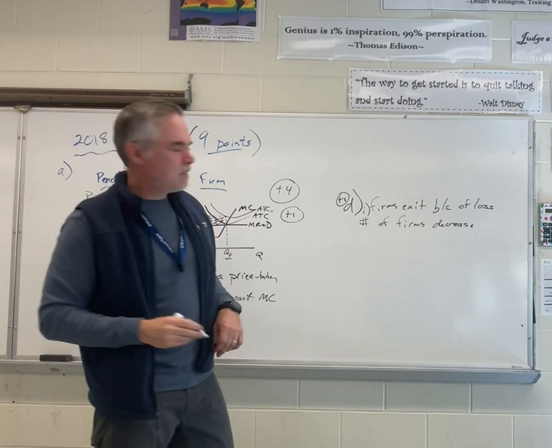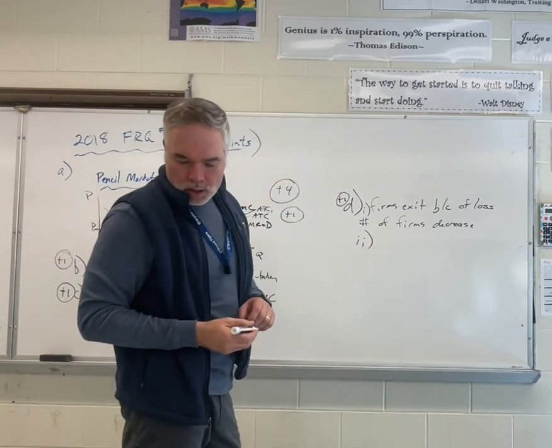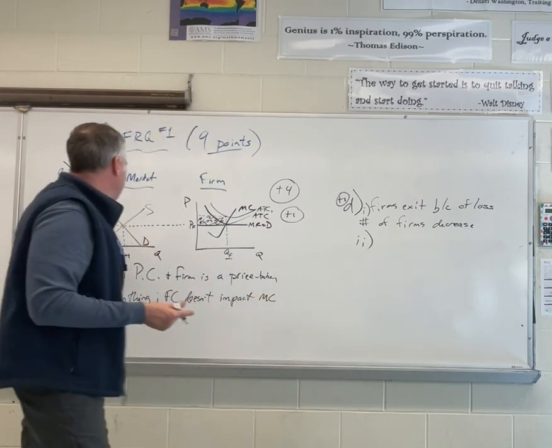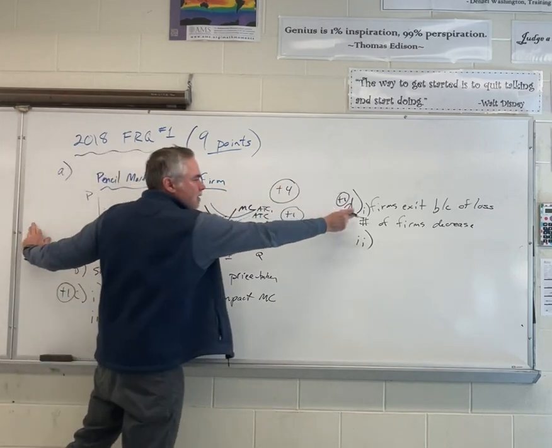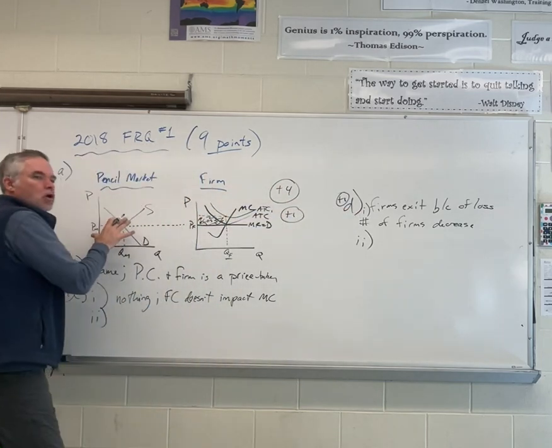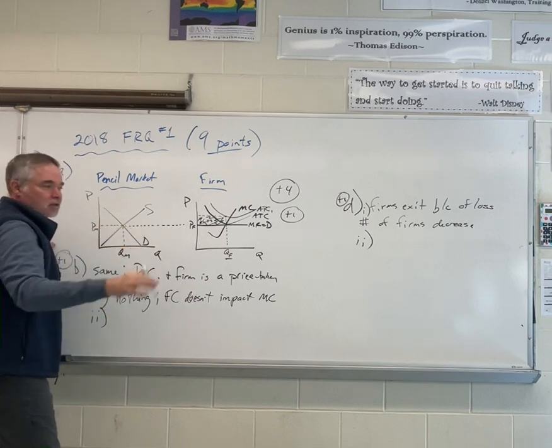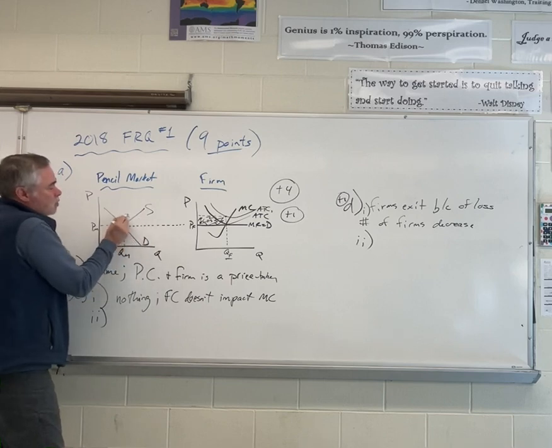Then the second part, D2, is asking you what happens to market equilibrium relative to the quantity of the market. So here we go back to this market graph and think about, all right, if firms exit, what happens to the market? You don't have to draw this on your graph. They're asking you to just explain it, but I'm going to show it to you on the graph. If firms exit, the supply decreases, right?